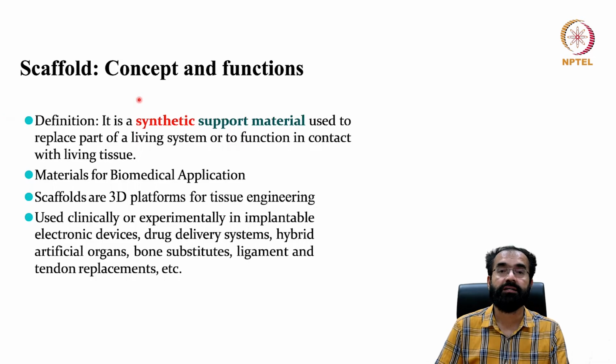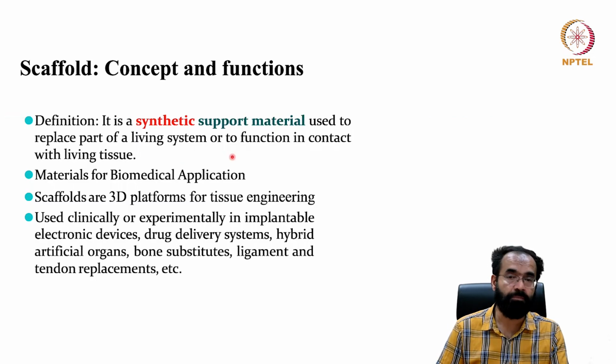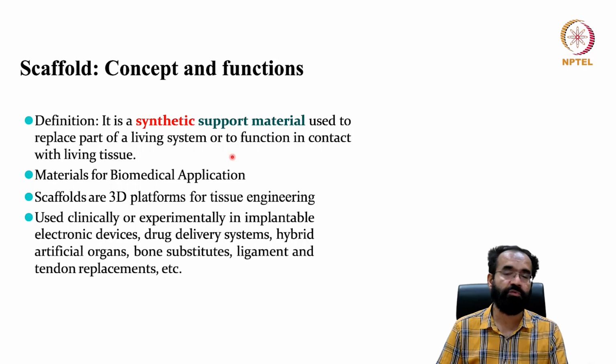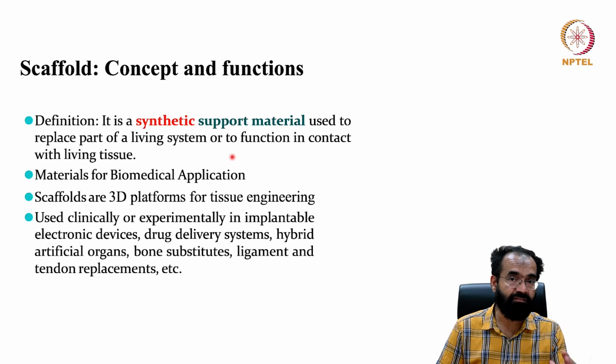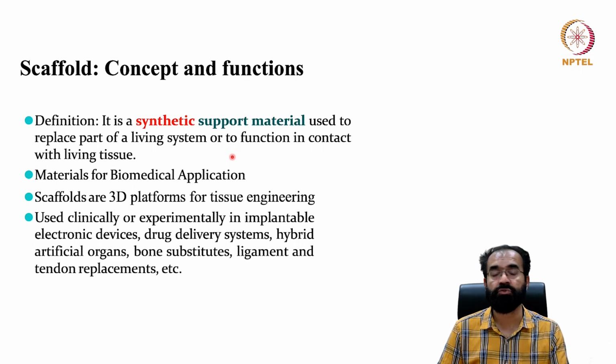So scaffold, the concept and the functions. By definition, it is a synthetic support material used to replace a part of a living system or a function, and it does its job by staying in contact with the living tissue. Say for example, if you have a cardiac valve issue, the ideal thing is to have the exact muscular cardiac valve.